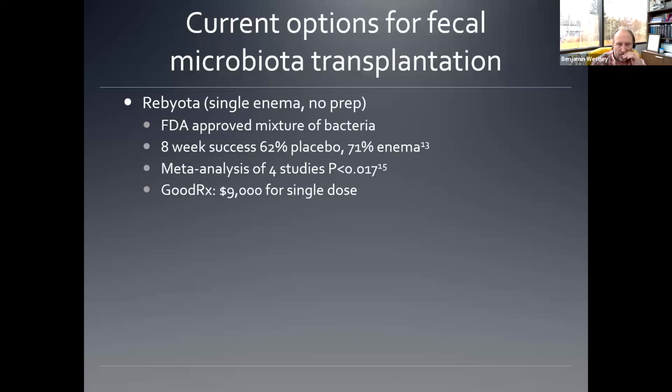But we don't do that anymore. So we have now, because we have FDA approved mixtures, that's what we actually have to use in any accredited institution. There's two things. So you can use this stuff called Rebiota, kind of catchy name. It's an enema formulation. The 8-week success of this in the licensing study is 62% that got a placebo enema without stool in it had a 62% response rate and didn't have another relapse. 71% that got the enema had no relapse.